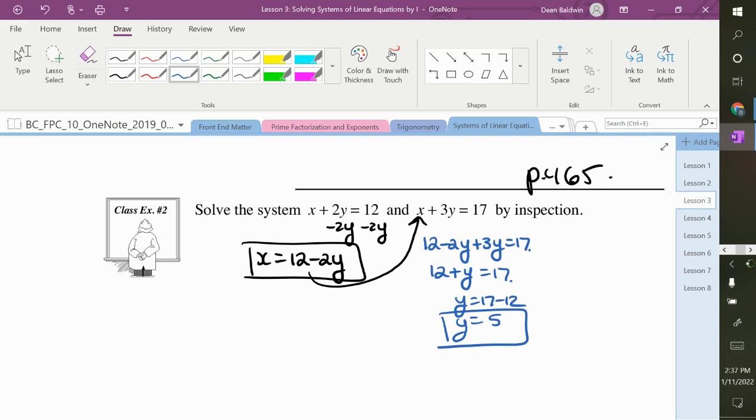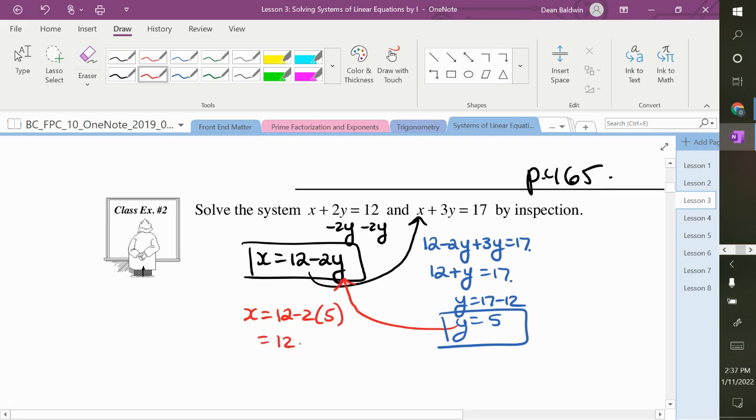What do I do with that to solve for x? Put it into the other equation. So then I get x is equal to 12 minus 2 times 5. X is equal to 2.